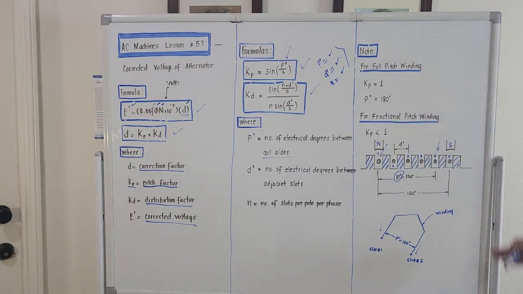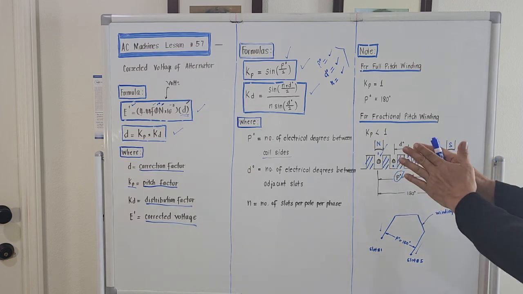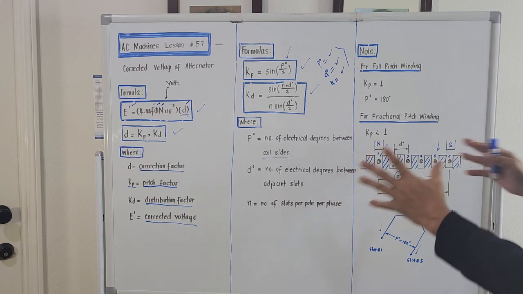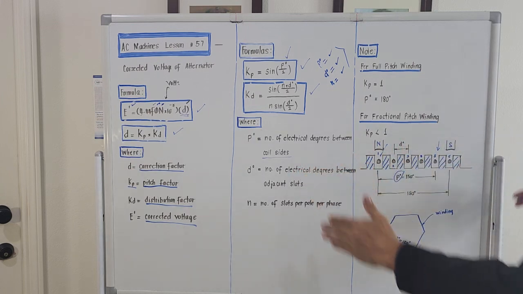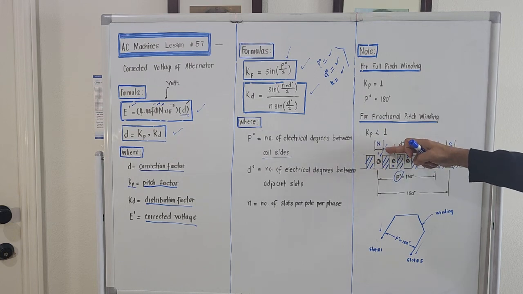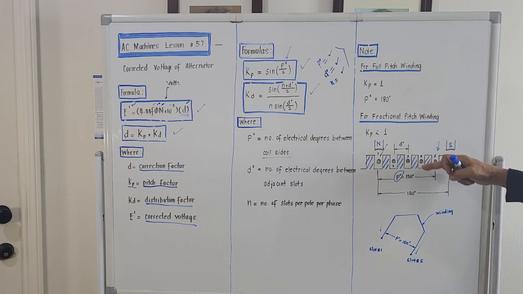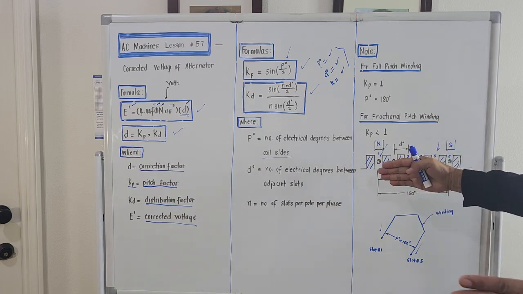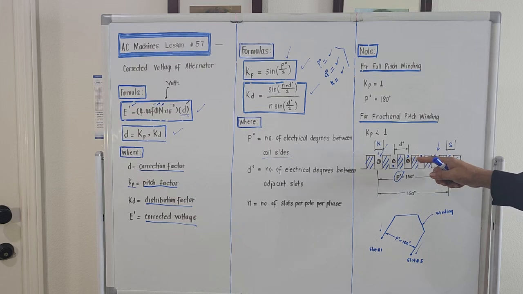That's why I drew this spread out drawing of the stator of an alternator. It was spread out, right? This is the tooth, this is the slot, tooth, slot, tooth, slot. These circular things here are the conductors as seen frontally.